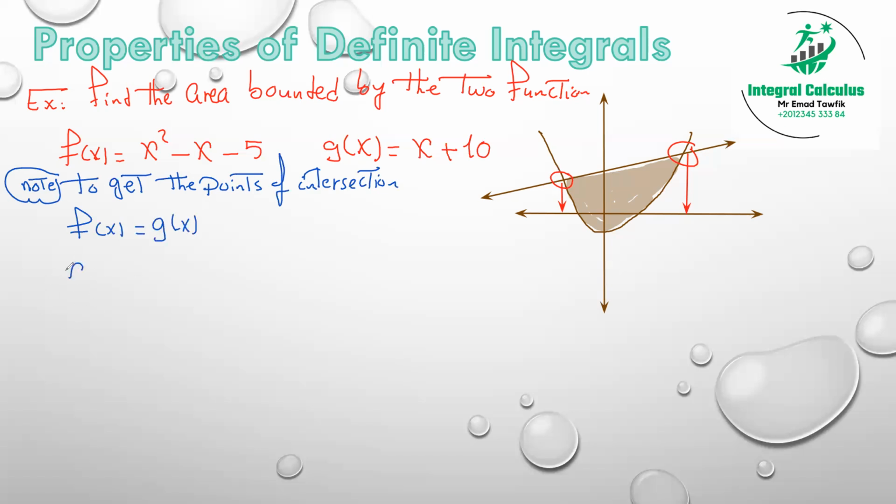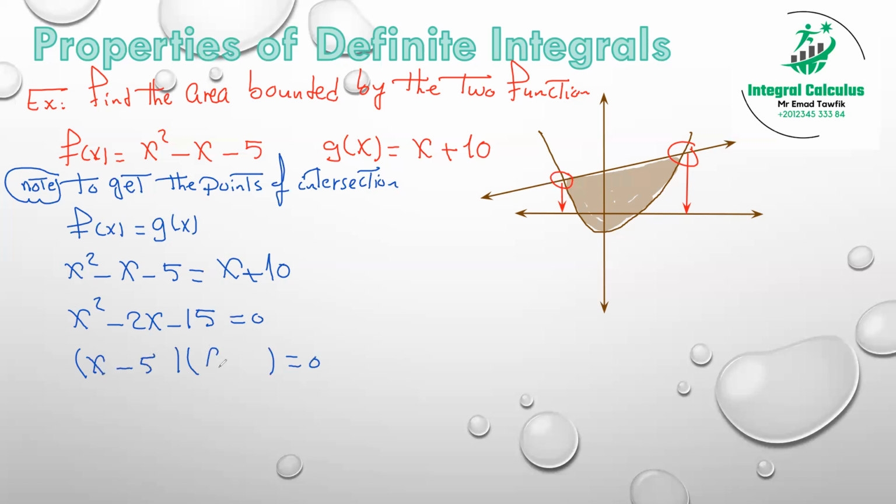So here we have x squared minus x minus 5 equal to x plus 10. To solve this equation, move everything to one side, and we get x squared minus 2x minus 15 equals 0. By solving this equation you get x minus 5 and x plus 3, so x is 5 or x is negative 3.